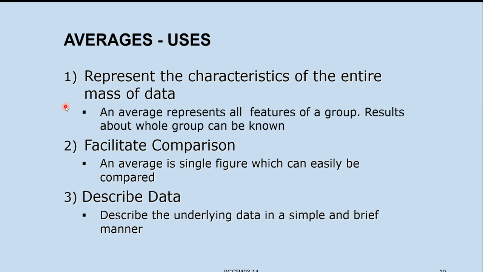The averages represent the characteristics of the entire mass of data. It describes the entire data, the characteristics of the given data. For example, if we take 10, 20, 30, 40, 50, 60, 70, 80, 90, 100, what are these numbers?